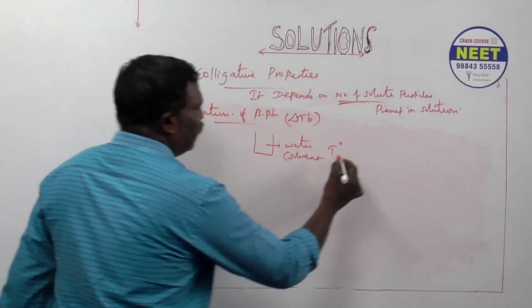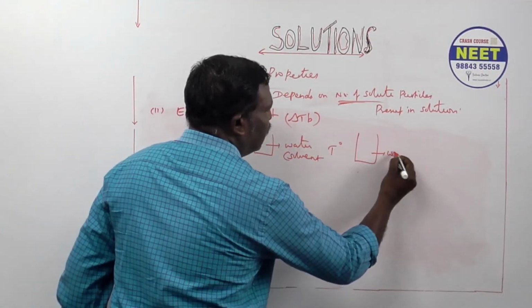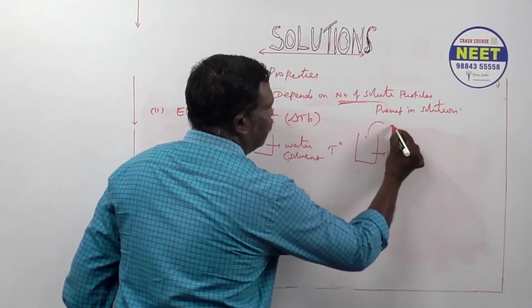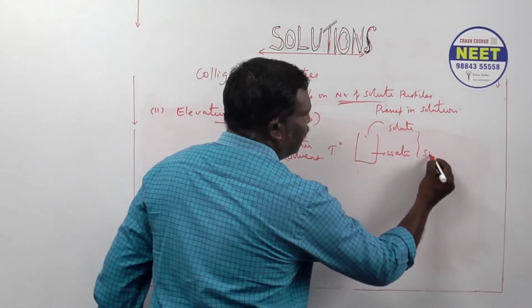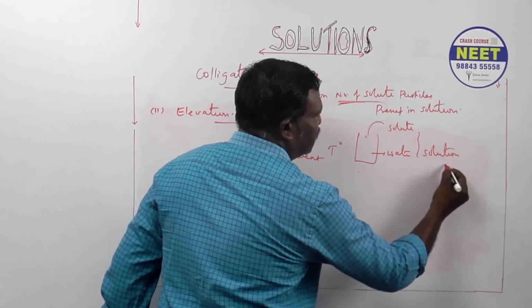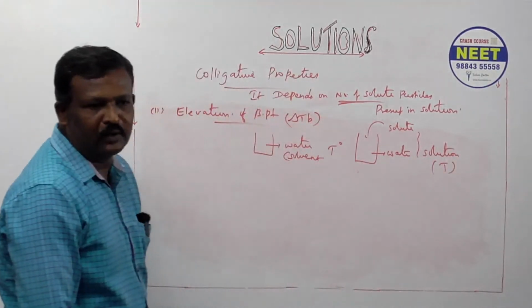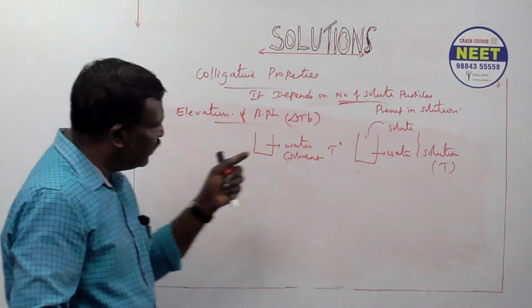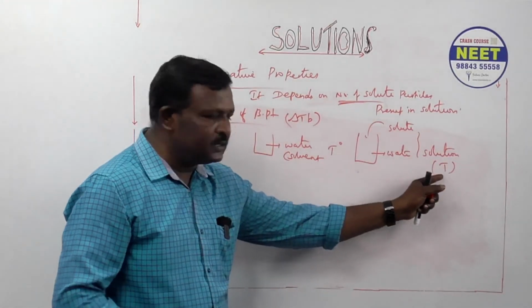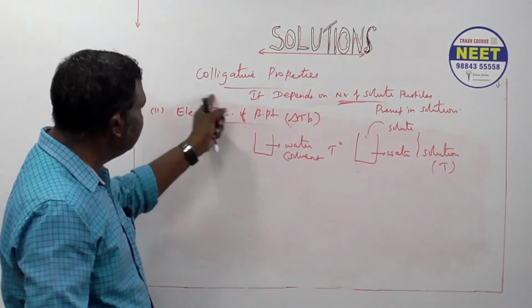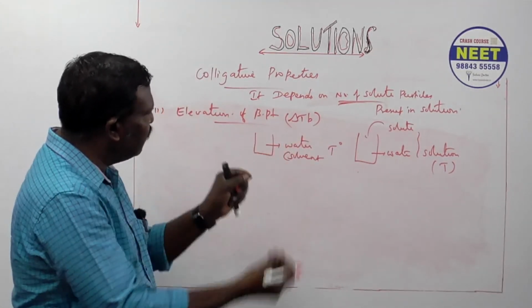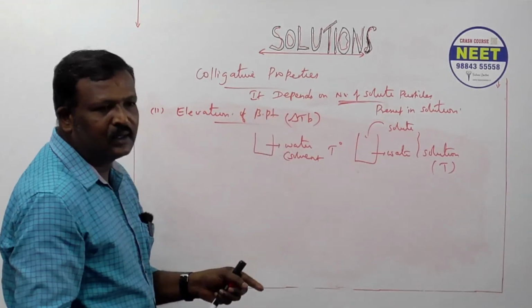To that water, I am adding some solute. Some salt is added. What happened? That is called a solution. It is considered as T. Solvent is T0, solution means T. When we add solute to solvent, boiling point increases.